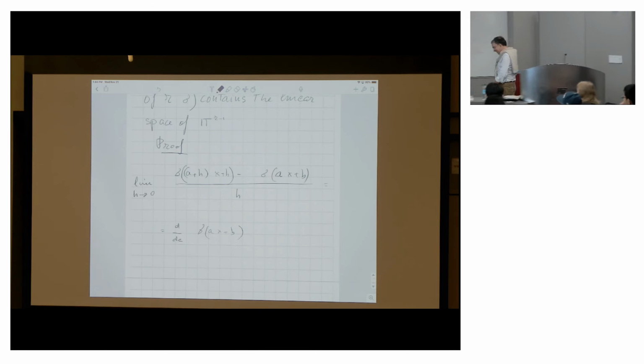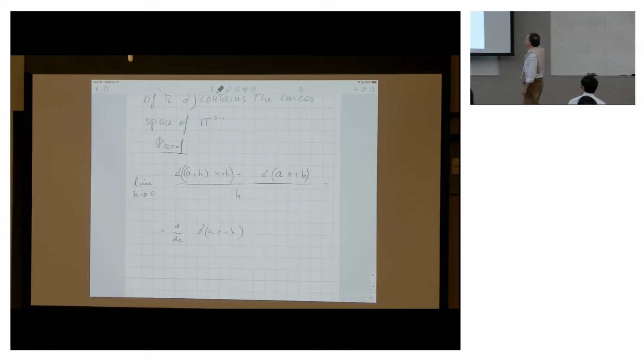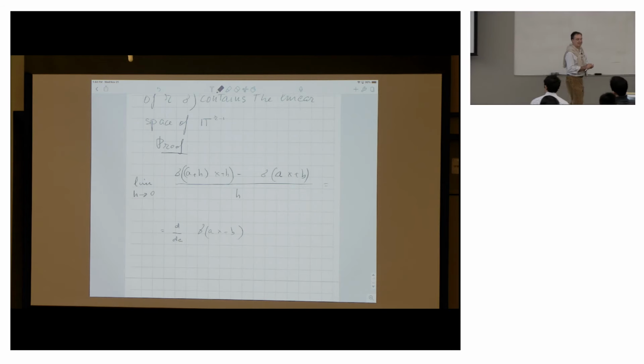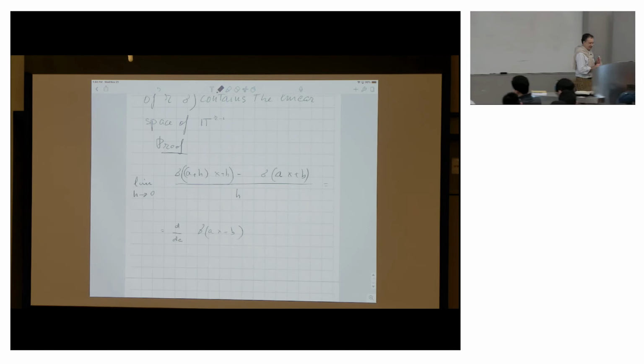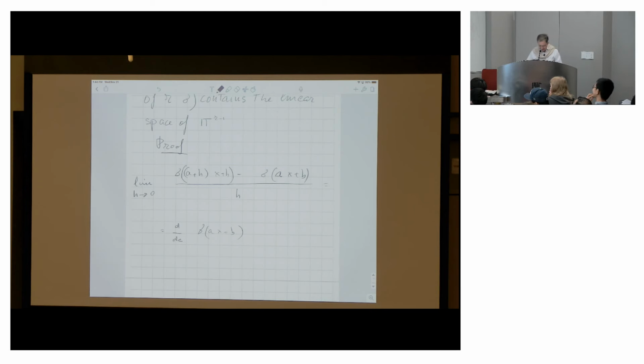Is that okay now? You are right. Okay, and now if I evaluate this at a equals 0, I have essentially x times the derivative.